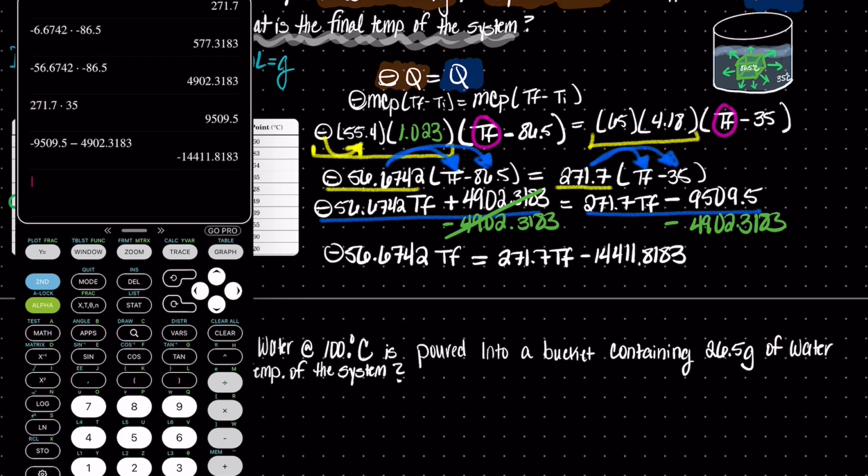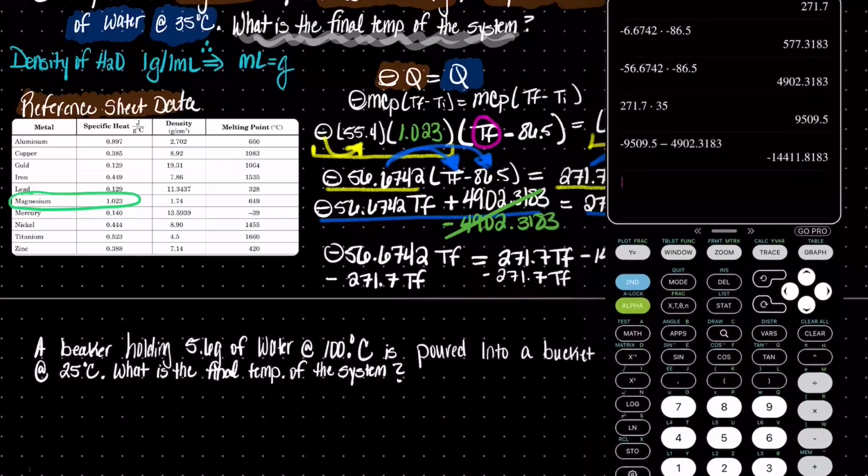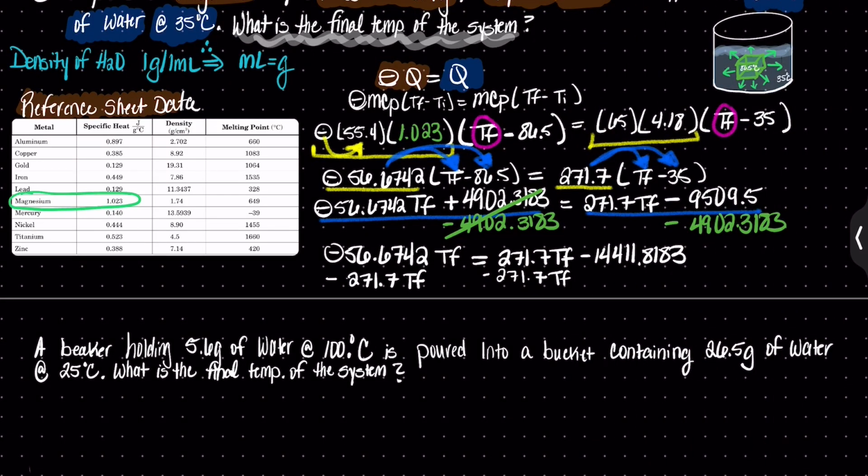Now let's move this variable over here, subtracting again. Now you could very well move the constants to the other side and flip your variable. Completely up to you. The math will get you to the exact same place because the math is mathing.